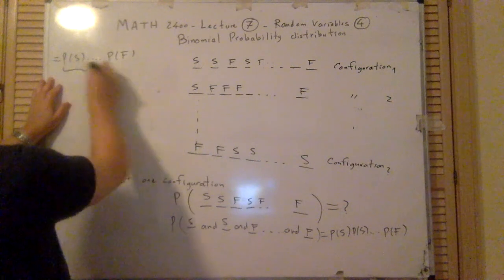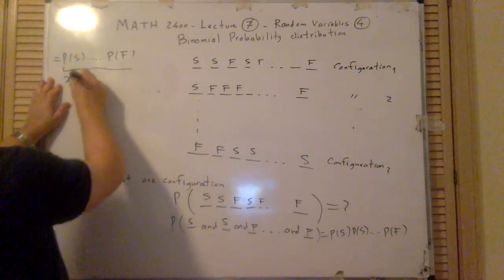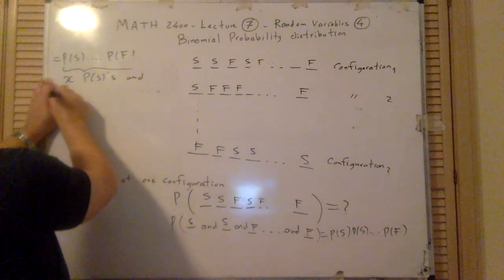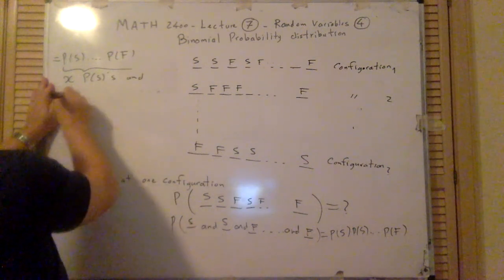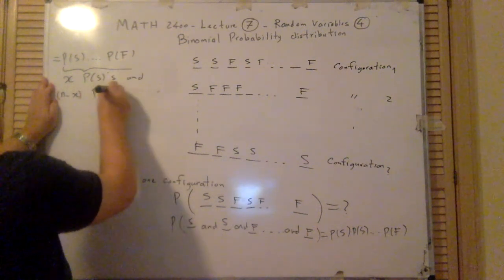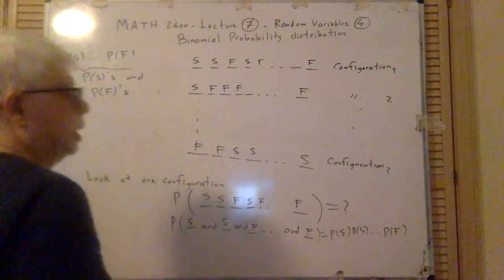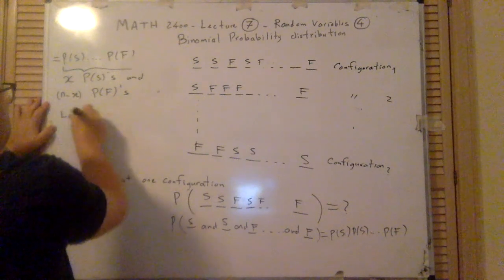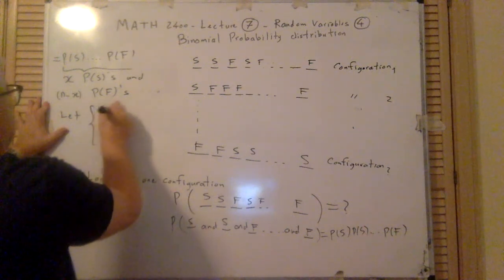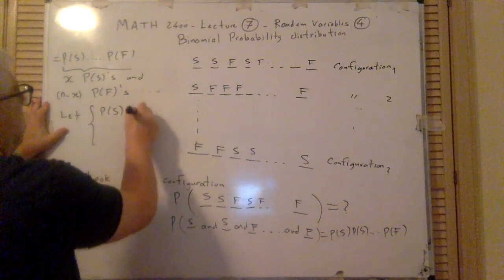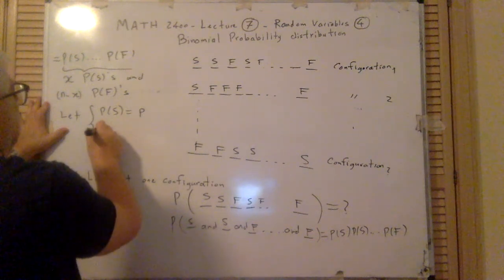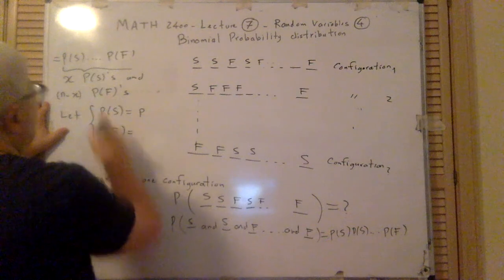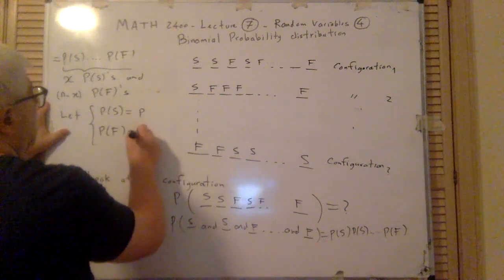And here I have X PS's and N minus X PFs. Okay? So let's let P of S be simply small p, then P of F, failure, is the complement of that, so that is 1 minus p, right?